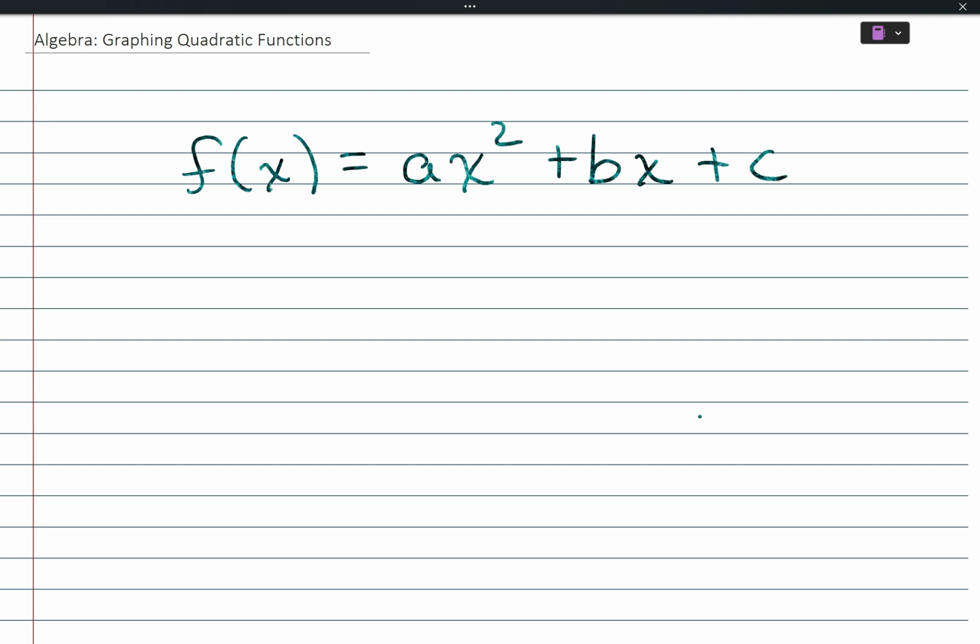When we have our function in this form, we can look at this a value. The a value is that leading coefficient.